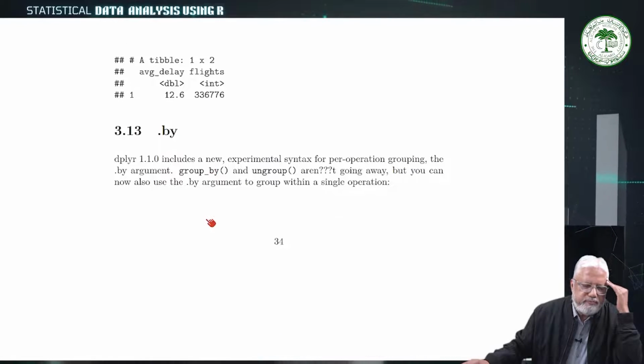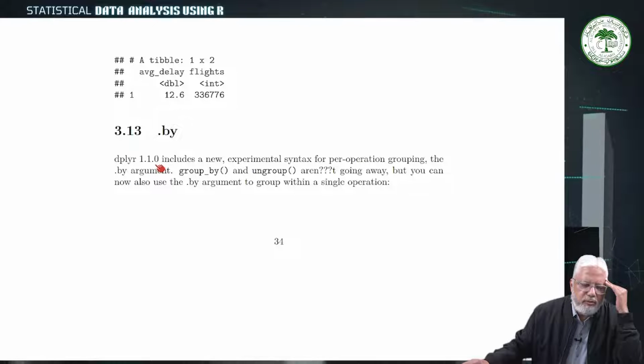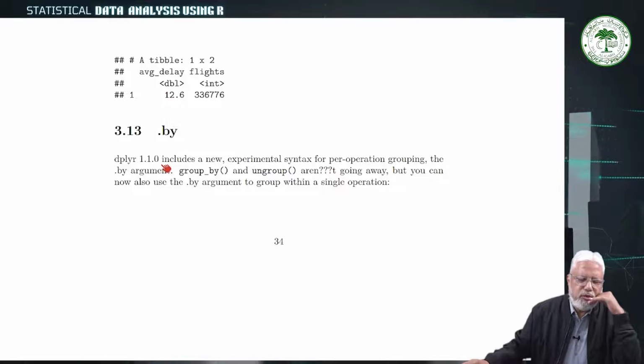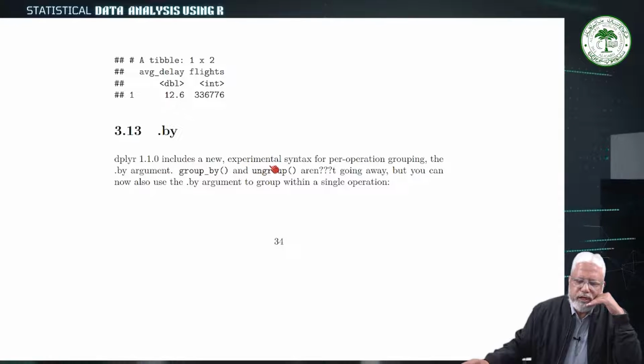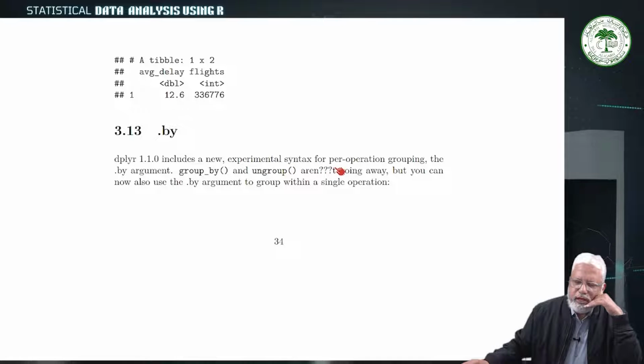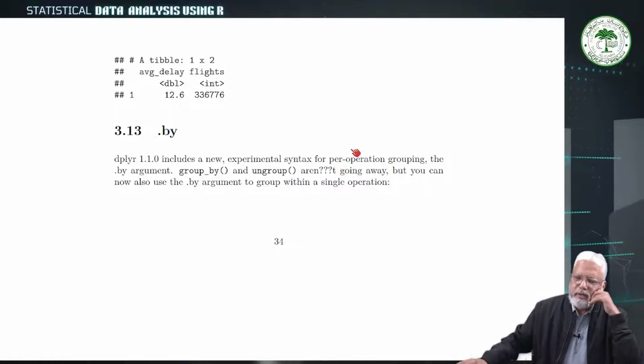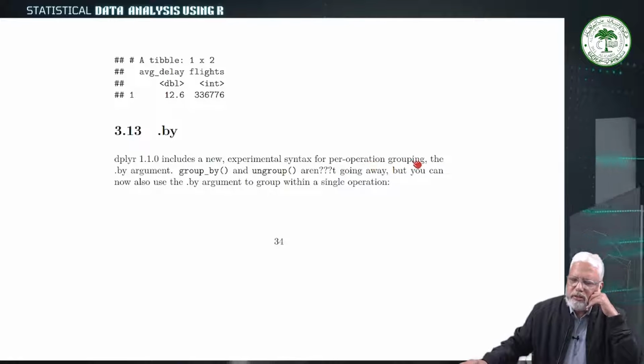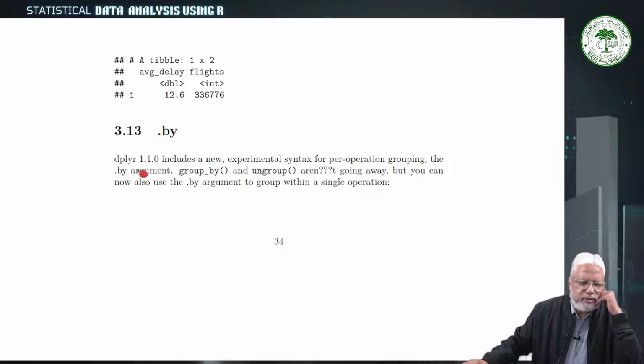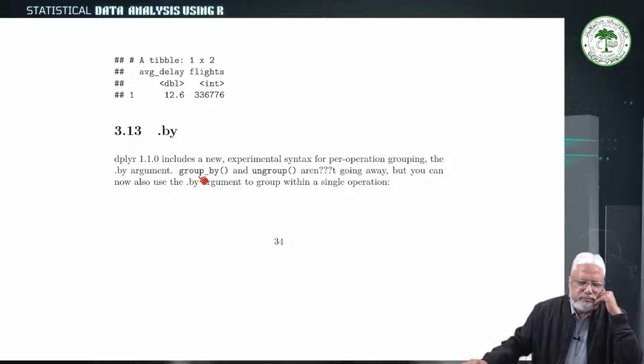dplyr 1.1.0 includes a new experimental syntax for per-operation grouping. The dot by argument.